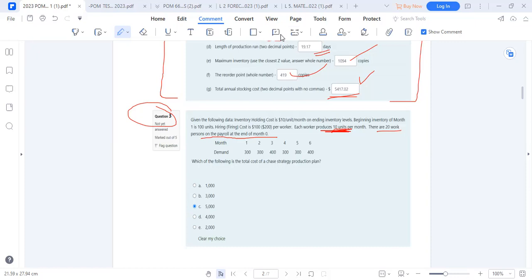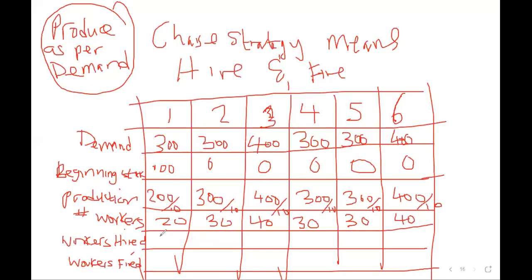Now, in month 1, how many workers are we having? 20. So meaning you didn't hire and you didn't lay off. Because it's the same 20 which is here. So now check from here. From here to here, how many workers are we having? We have had 10 more, because the people have increased. So you haven't fired 10.